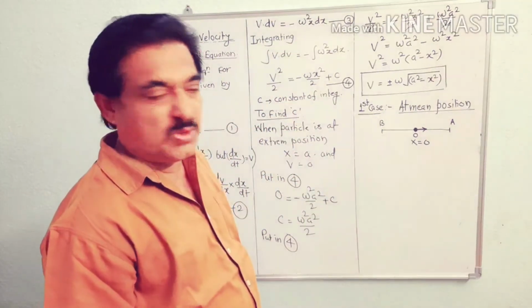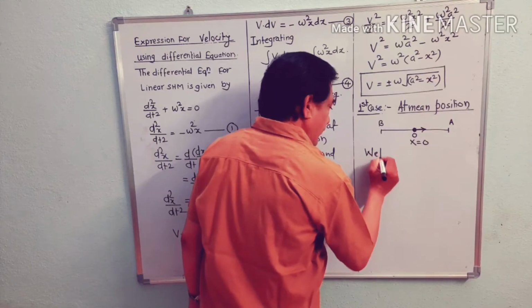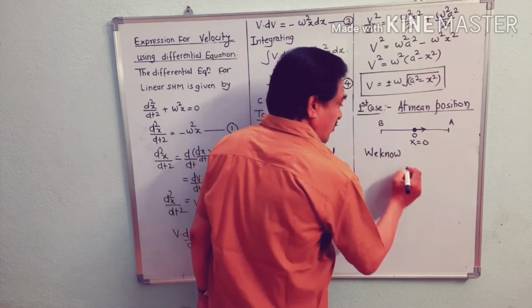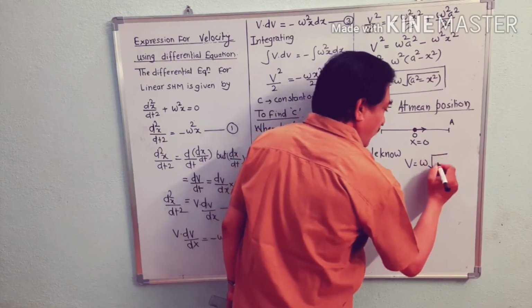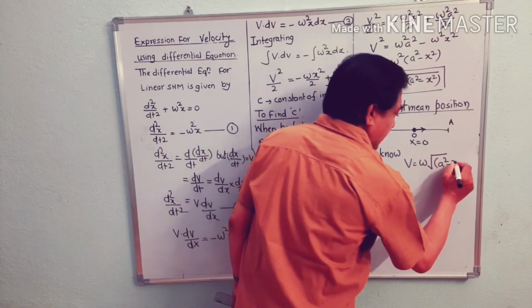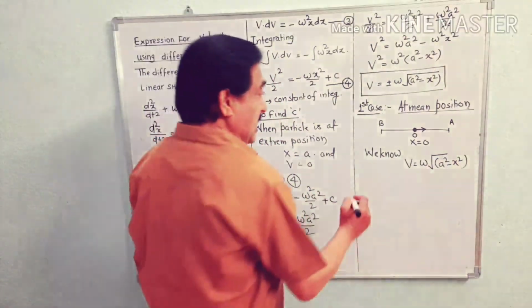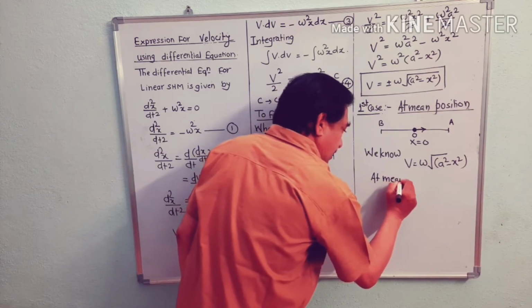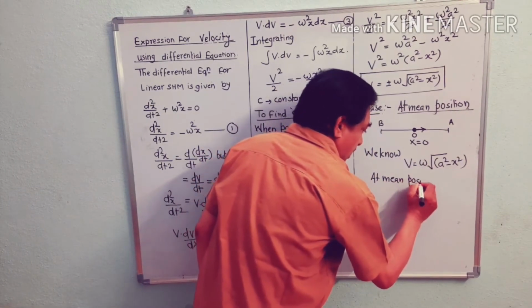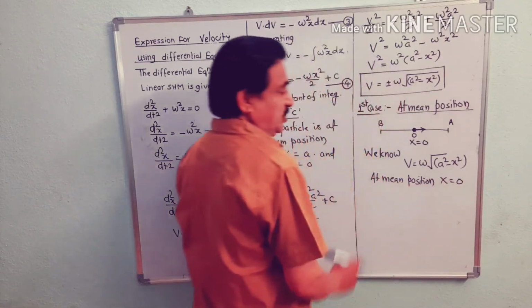Mean position ला x is equal to 0 असतो हा. So we know, आपल्याला velocity चा formula काय? v is equal to omega in the root of a square minus x square. हा velocity चा formula झाला. At mean position x is equal to 0.